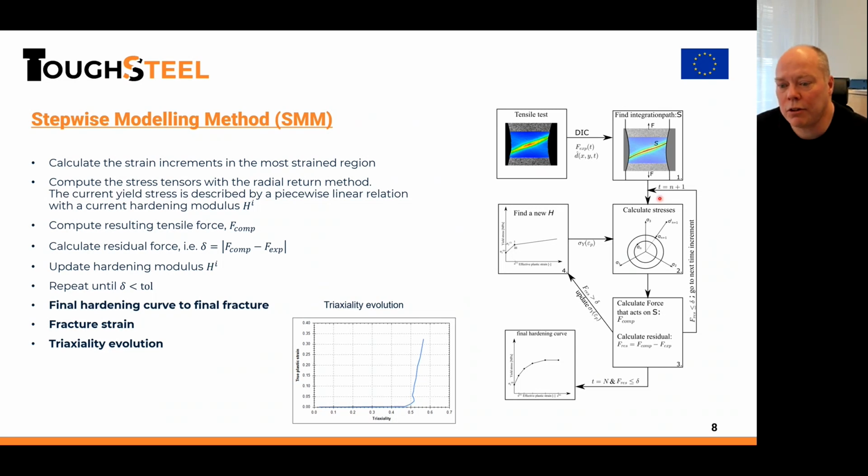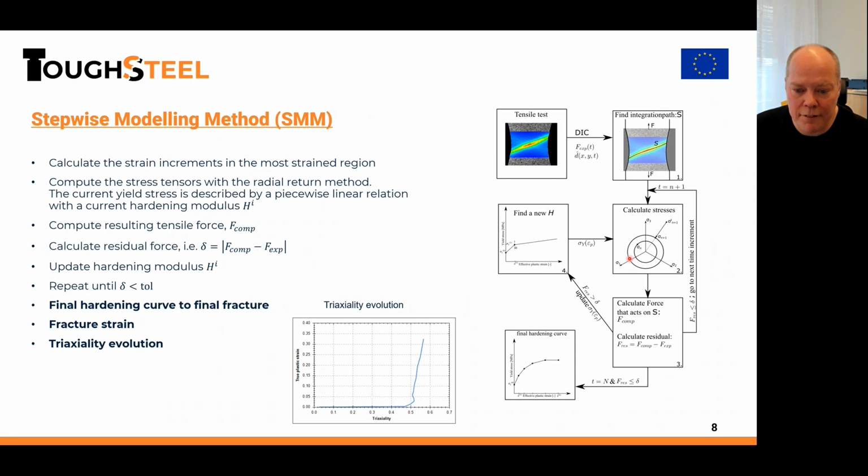Next, you calculate the resulting tensile force, and then you calculate the difference between the computed force and the experimental one. Then you update the hardening modulus and repeat this procedure until you have reached a certain tolerance. After that, when you reach the tolerance, you take a new time increment and repeat the procedure.